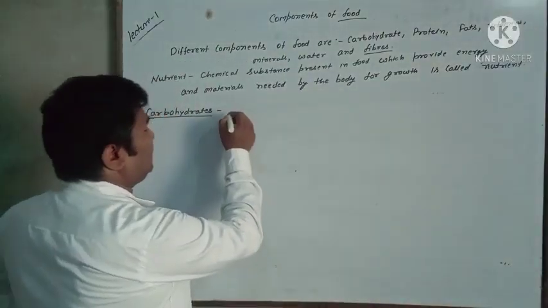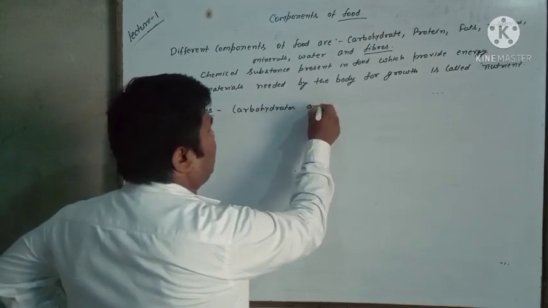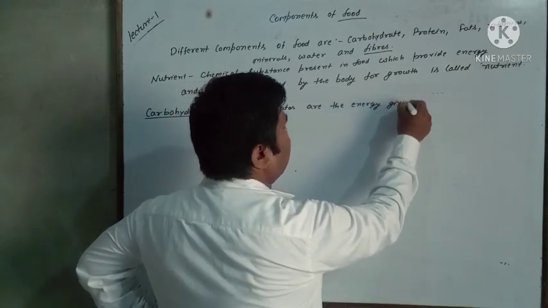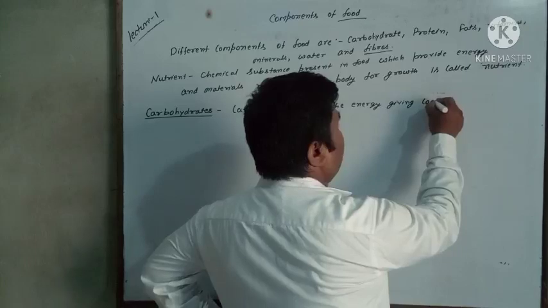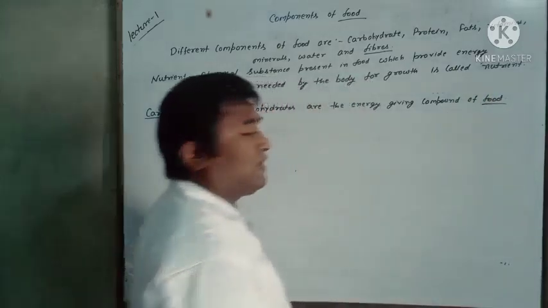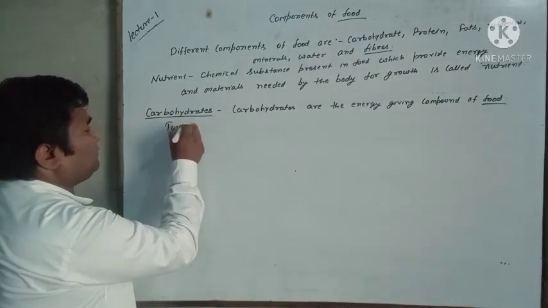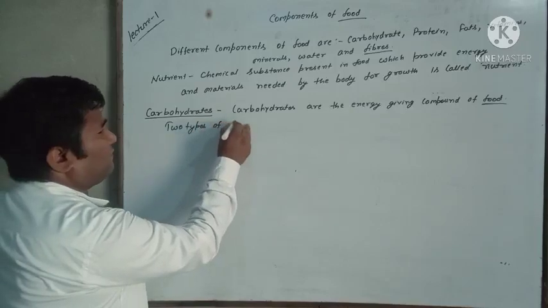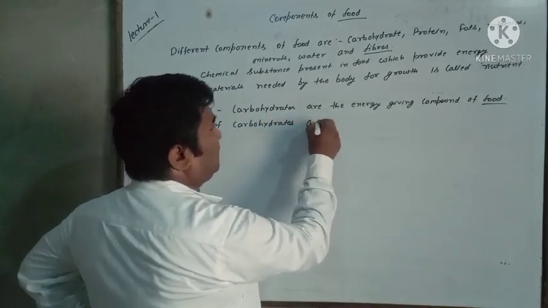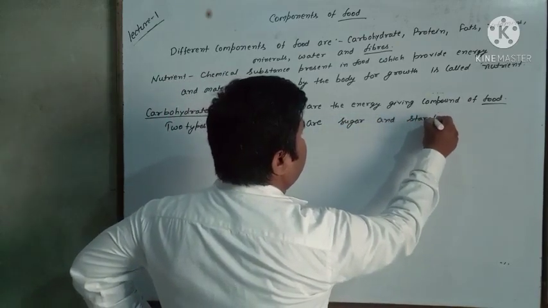Carbohydrate is an energy giving compound of food. The two types of carbohydrates are sugar and starch.